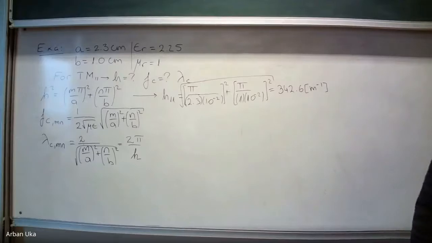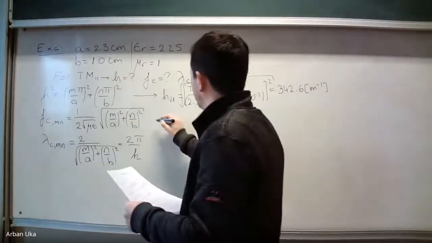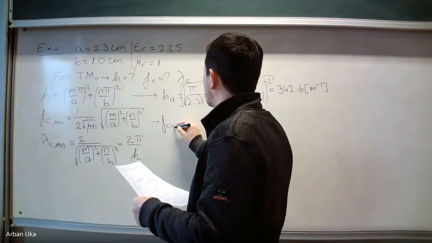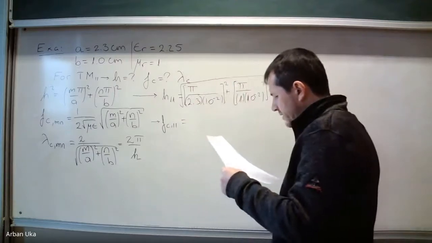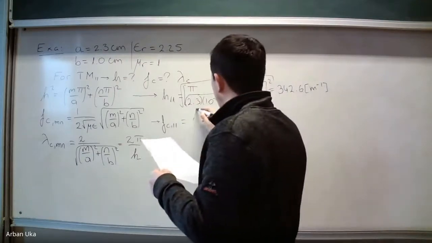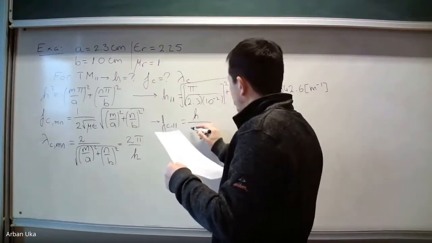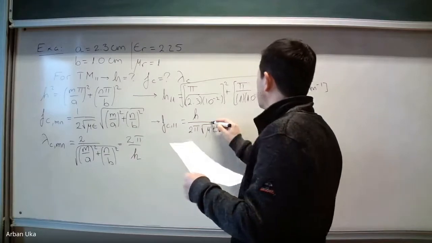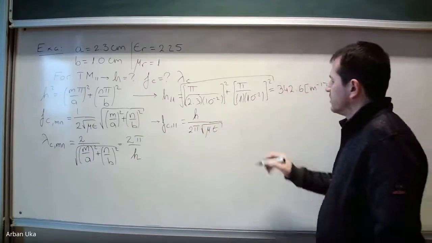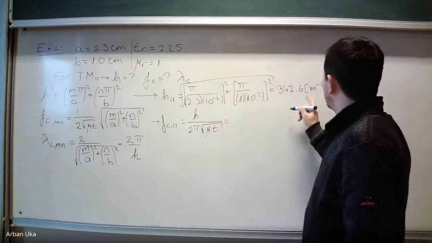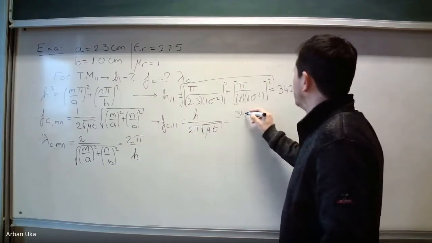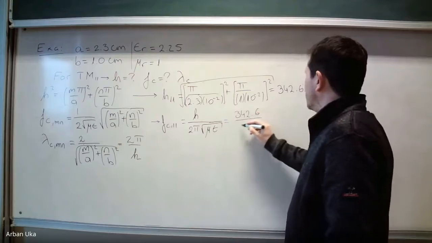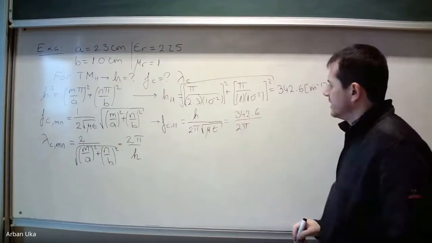And then we have the cutoff frequency, which can be written as H divided by 2 pi times the square root of permeability times permittivity. H is 342.6, divided by 2 pi times 1 over the square root of mu times epsilon.